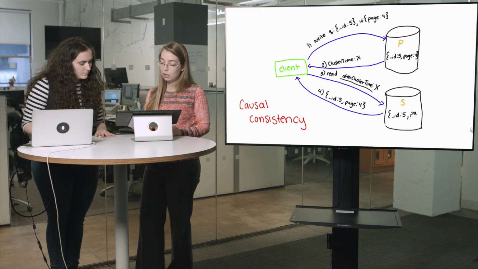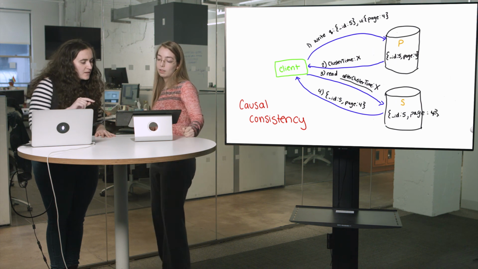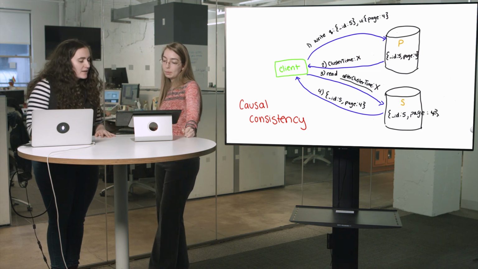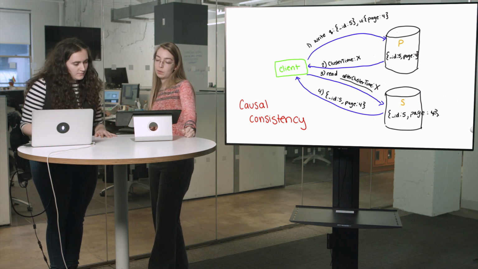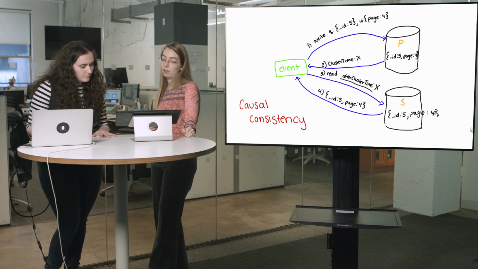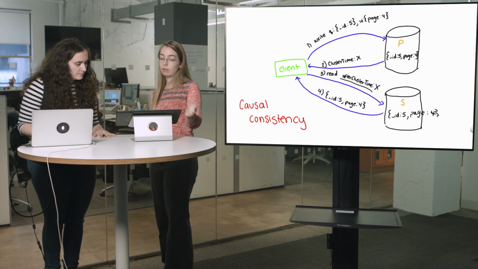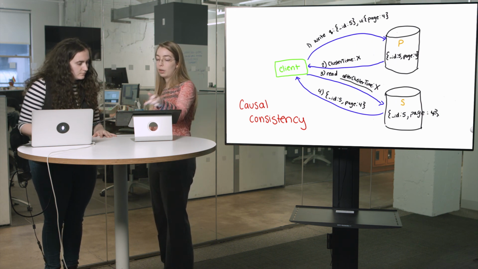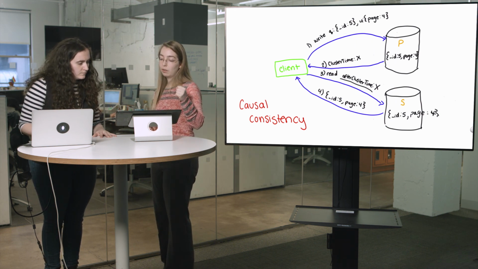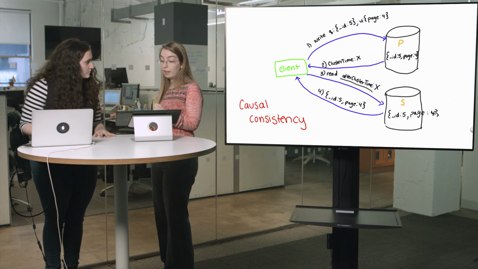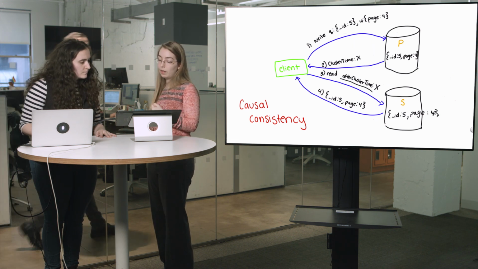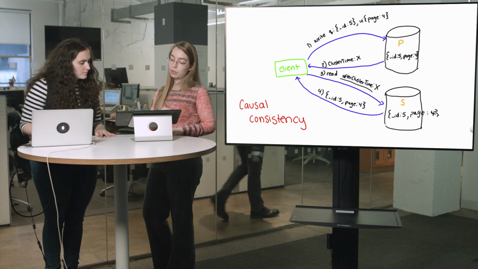So this will now have page 4. The read will not be returned until that secondary has caught up to the time of the write. Right. So you know that the data is there. The client did a write on the primary at this time. I'm going to go to the secondary and wait for that time to be there as well, and the data with it, before returning for the query.